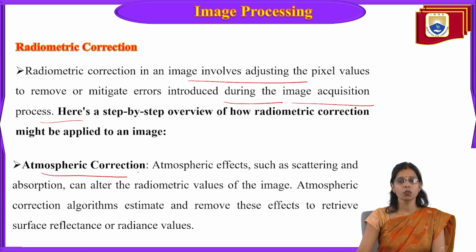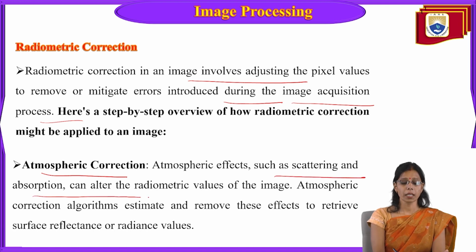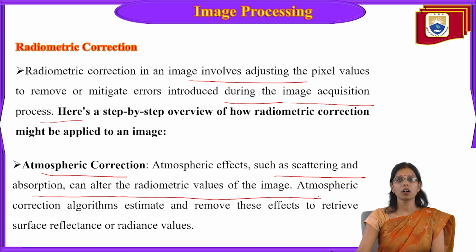Atmospheric effects such as scattering and absorption can alter the radiometric values of the image. For example, whenever sunlight falls on the ground surface, that electromagnetic radiation has to pass through the atmosphere.